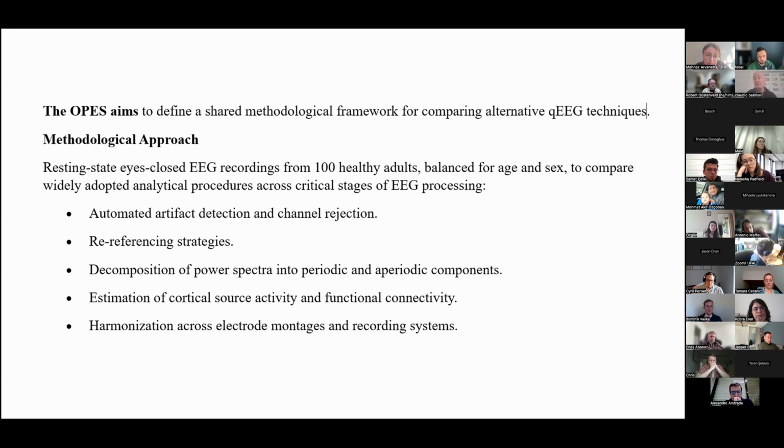The idea is to compare over time the performances of different techniques for artifact detection and removal, re-referencing strategies, decomposition of periodic and aperiodic spectral components, and the estimation of source activity and connectivity, and even the best machine learning tools to harmonize EEG data collected from different centers.